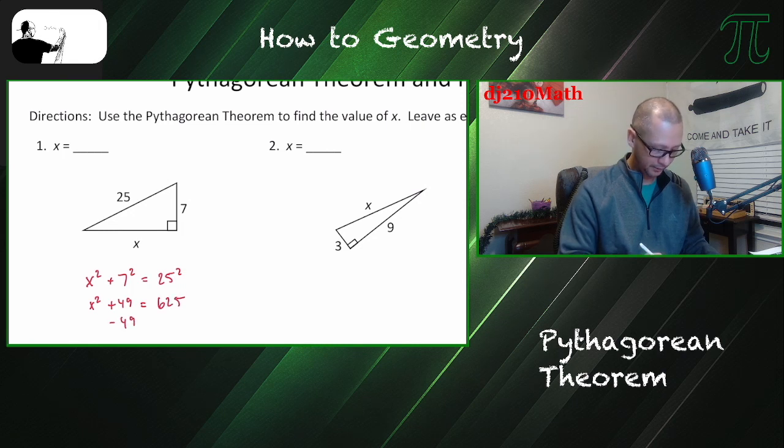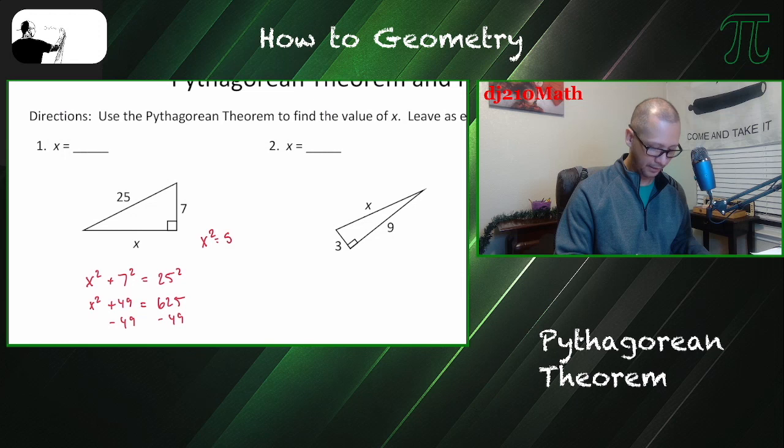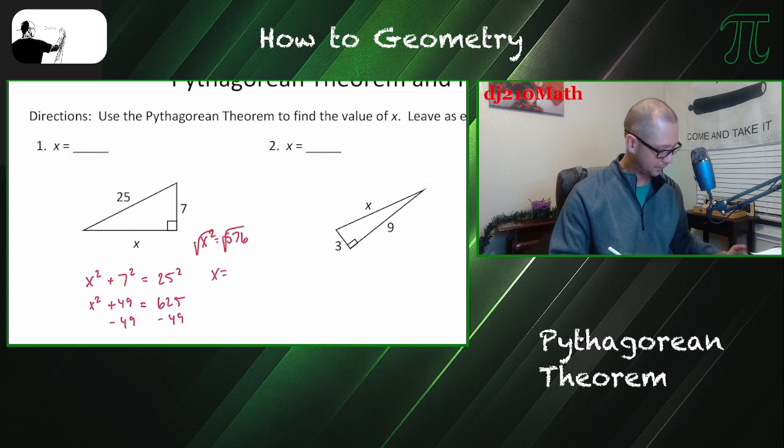If we solve for x, subtract 49 from both sides, we're going to get x squared is equal to 576. Take the square root of both sides, you're going to get x is equal to root 576. So let's see if this is a perfect square. In fact, it is 24. So x is equal to 24.